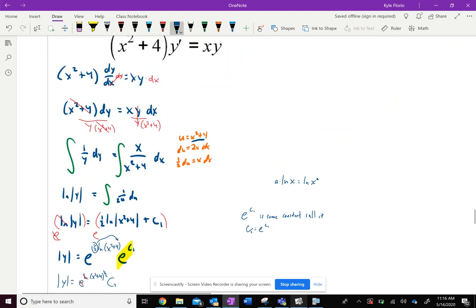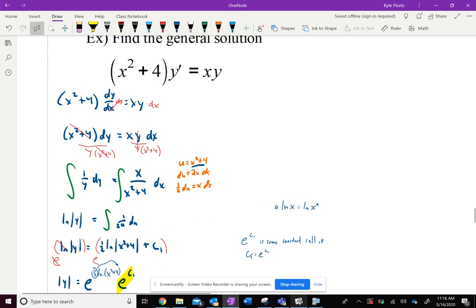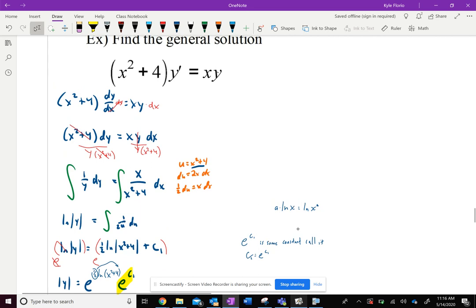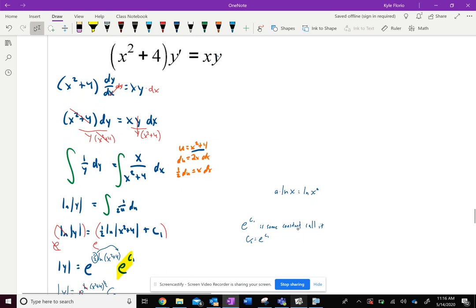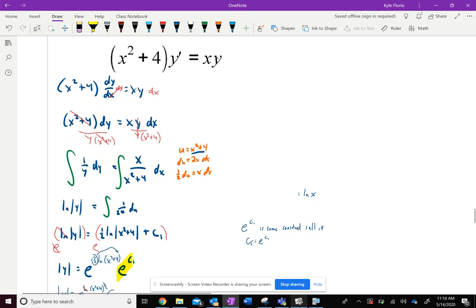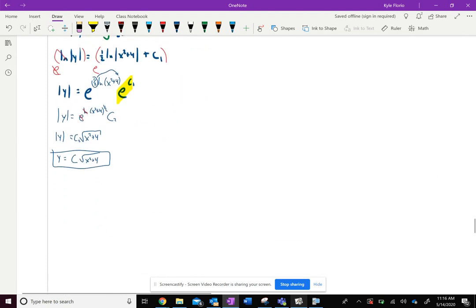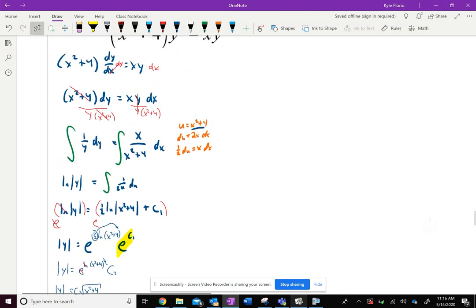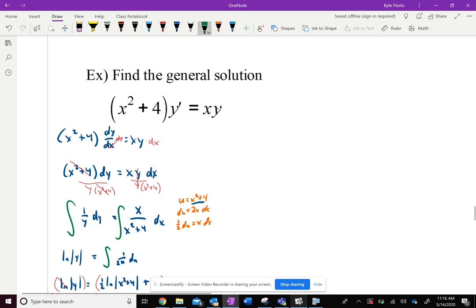Okay, so we're going to check it. I need to plug what we got in for y over here, and I need to find its derivative and plug it in here and see if they're the same. So let's do it. y is c times the square root of x squared plus 4. If I want to take the derivative of that, remember this is just c times x squared plus 4 to the 1/2.